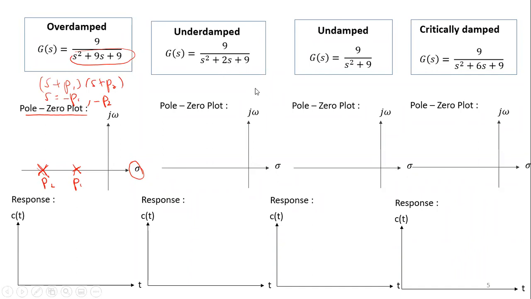For the underdamped response, you're going to expect, if you factorize this, that the pole is equal to real plus imaginary j, and real minus j imaginary.